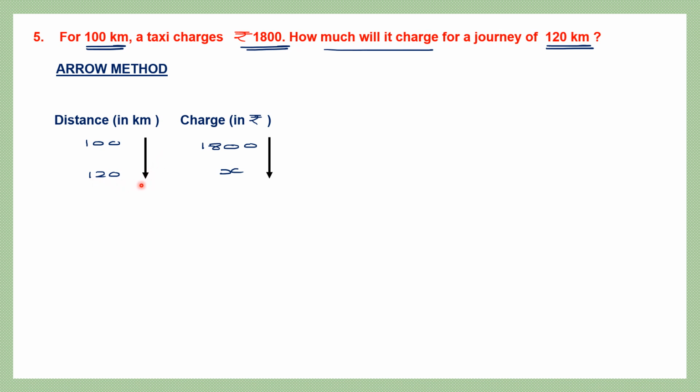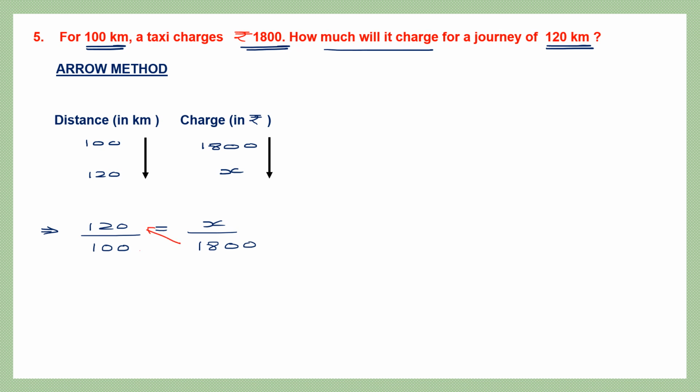So the arrowhead is here, so 120 is next to it. So this means 120 is the numerator of our fraction and 100 is the denominator. This is equal to, here also what is closest to the arrowhead, that is x. So that is going to be x by 1800.